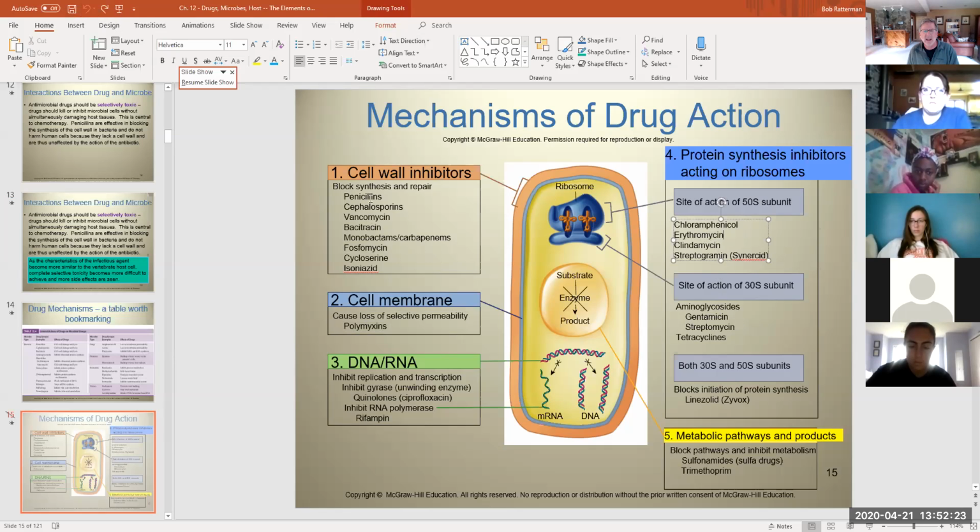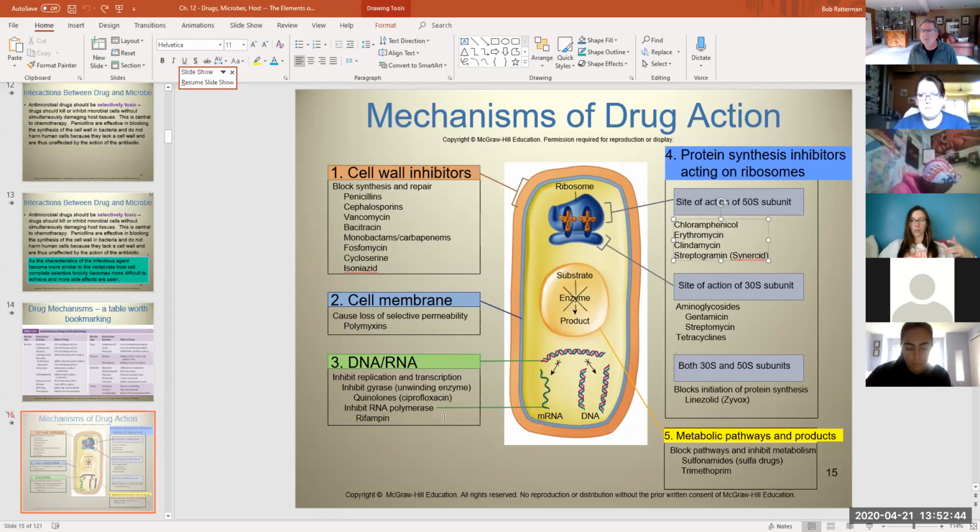Anything that ends in ilin is related to penicillins. So there's a few little tricks you can use to help get those cemented in your head.